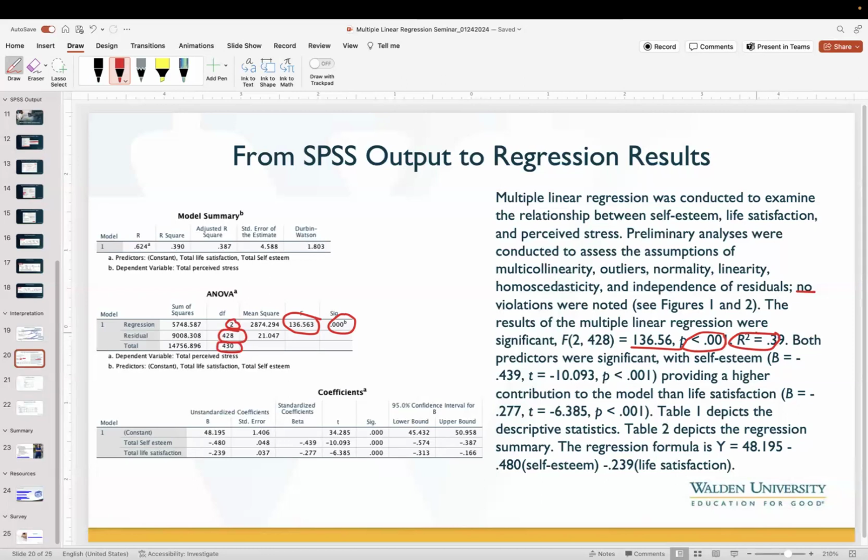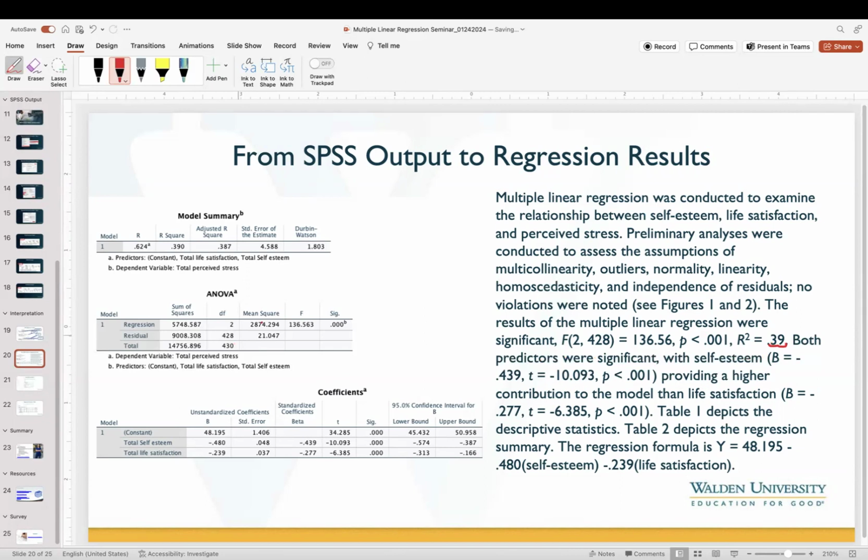So what this is saying is 0.39. Where does that come from? R squared, 0.39. You see, I said R squared, 0.39 from the model summary. And you usually can make a statement like this in here also. What you do is you take the 0.39 and you just move the decimal two places to the right, and that's your percent of variance.